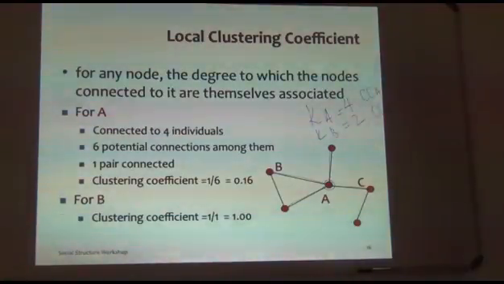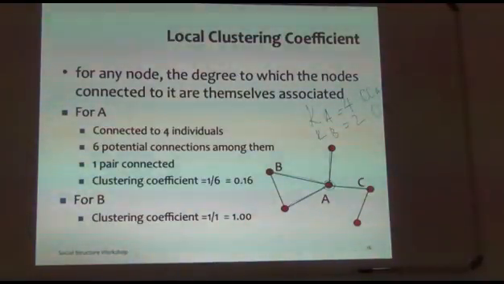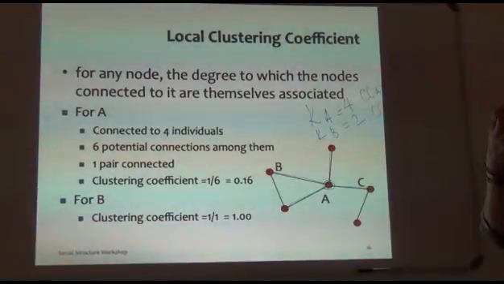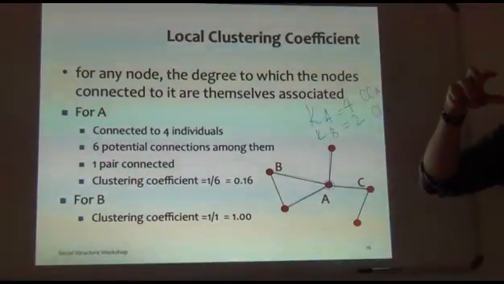So it depends on the question. What kind of biological significance would this number give you? It's an idea of how cliquish this individual is, how connected his friends are with his friends.